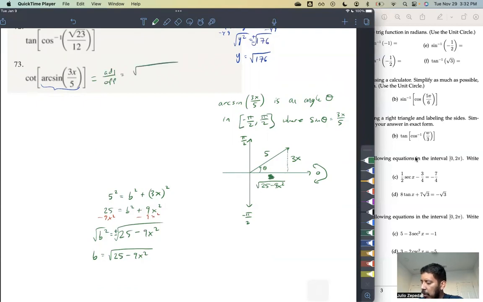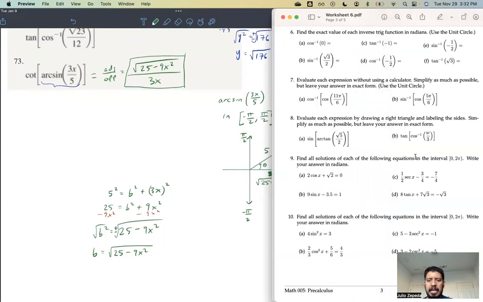And so that is square root of 25 minus 9x squared divided by 3x. And we're done. Okay. It's a very similar process for the one in the 8b.